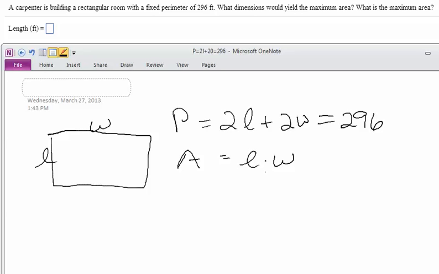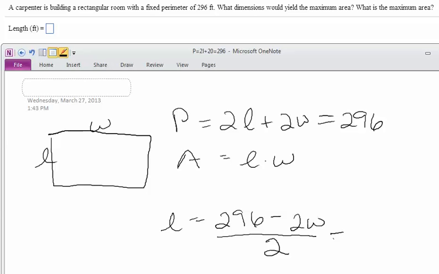So what you do is you have two equations, and you want to solve this first equation for either the length or the width. So if you do that, you'll see that the length is equal to 296 minus 2W, divided by 2, because I subtract the 2W and then I divide by 2.